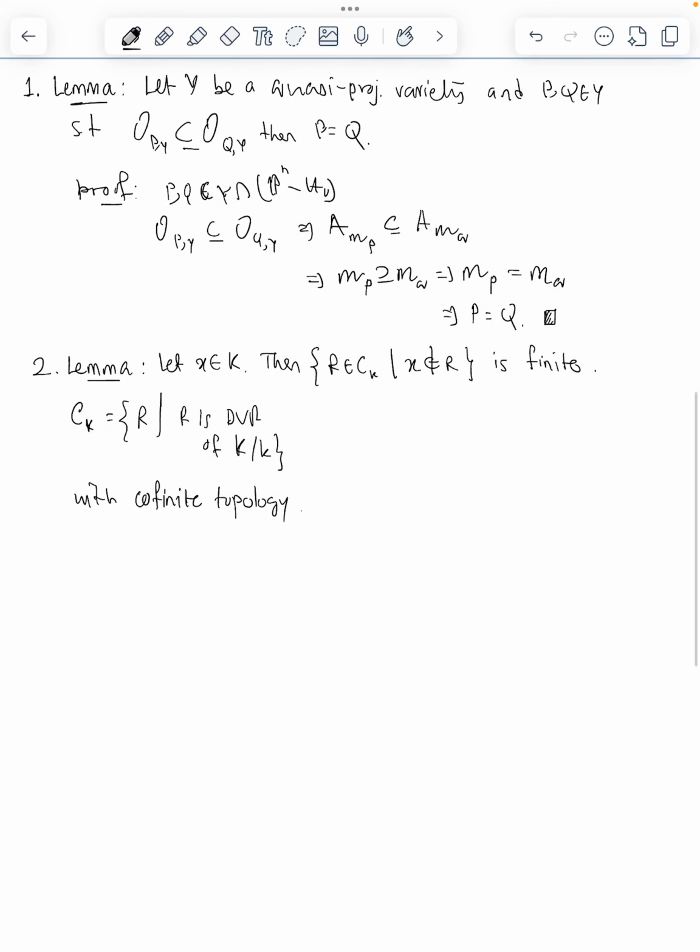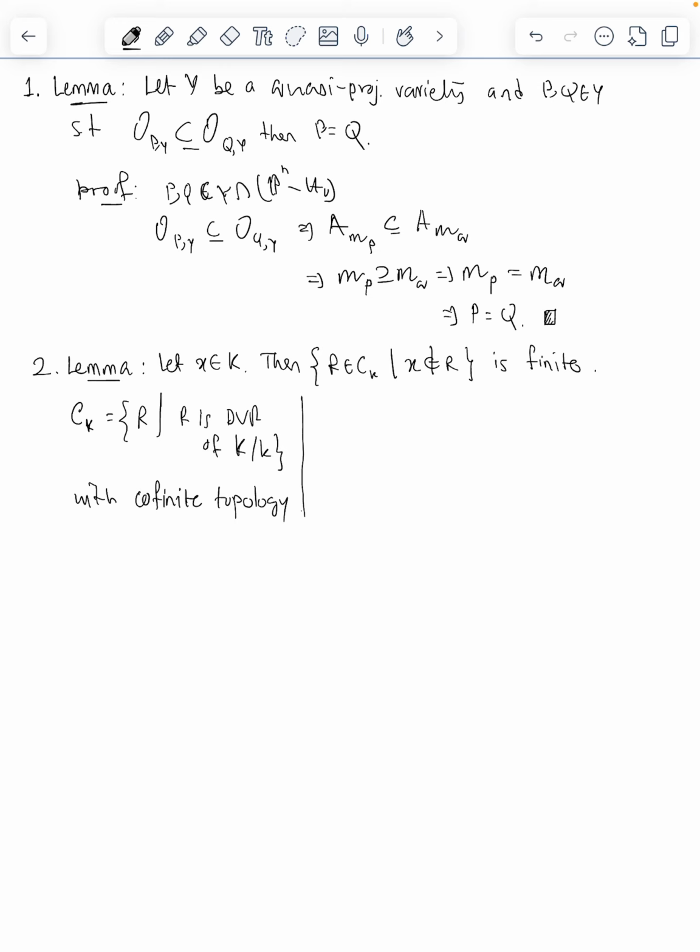So, what does this mean? By the way, as a matter of another notation, because we will take C_K as a topological space, or more generally, we'll show it's a quasi-projective non-singular curve, which is the main theorem of this talk, I will often refer to the elements of C_K as points.